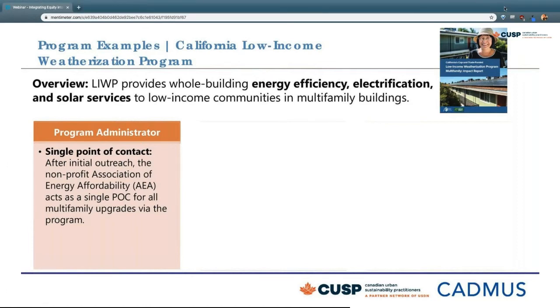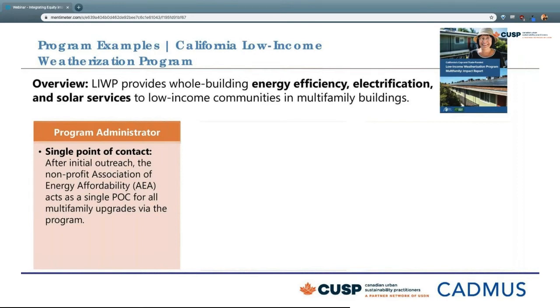And this is really valuable in terms of a program administration approach, especially when you're offering different services through the program, that there's a one-stop shop that can help facilitate and be the point person for all the different upgrades offered. This helps with the customer journey and interaction, that you're not passing people off to different groups in order to talk about energy efficiency versus air source heat pumps versus solar. So they aggregated this all into one organization.